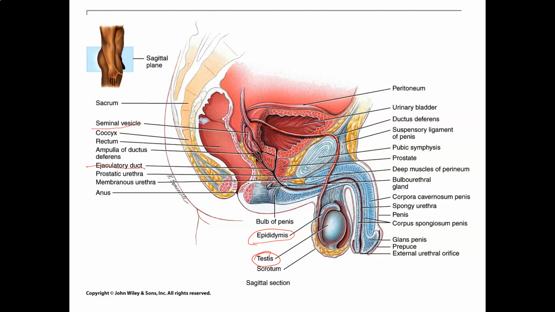That's where things get mixed with it, like fructose and various alkaline fluid, to make semen. And then from there the sperm passes through the urethra and out.